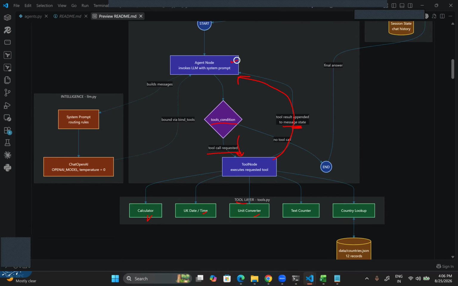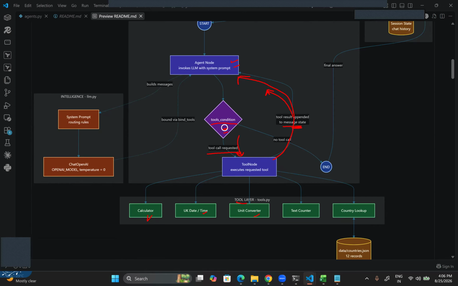Now this agent node calls the LLM again with that tool result, now part of the conversation. And tools underscore condition checks its response all over again. Now this can repeat more than once, only when a pass through the agent node produces a plain answer with no tool call.